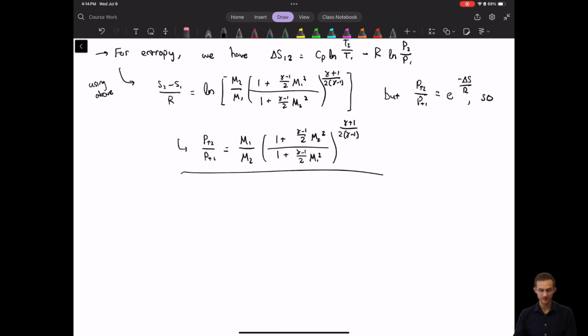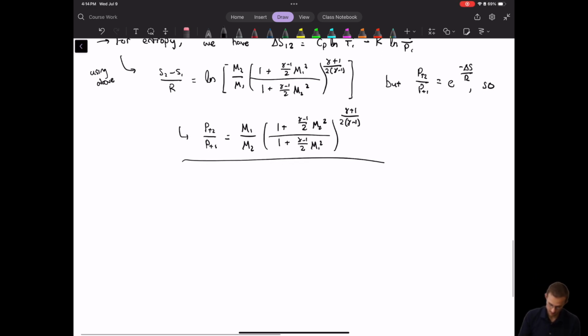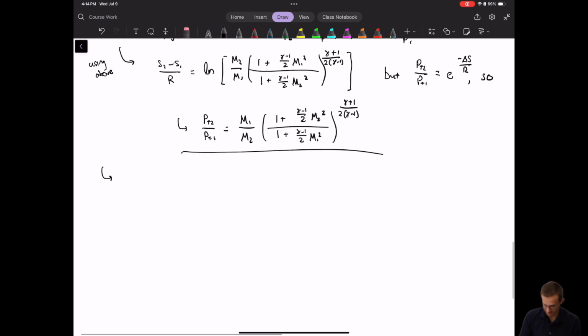So we would have all that information. Okay, so these yield downstream properties given M1 and delta X.